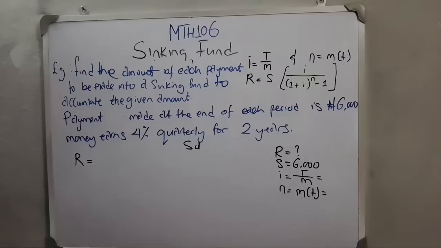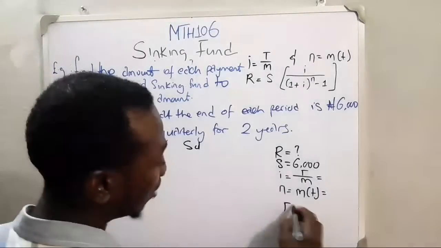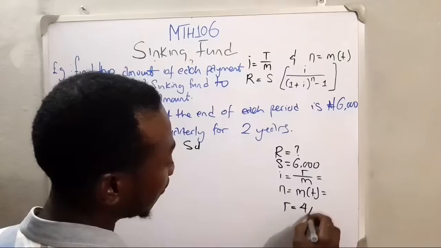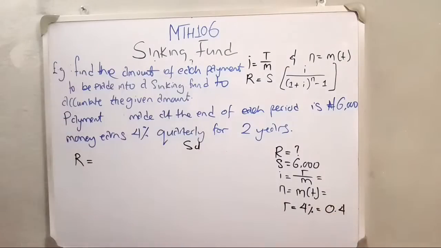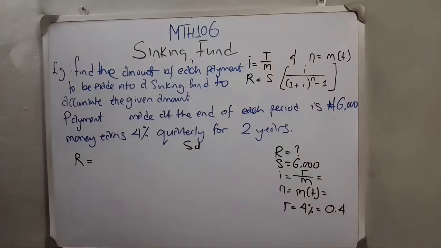Our R is the percentage, which is 4%, which equals 0.04. That's our R, not our I. Our M is what?